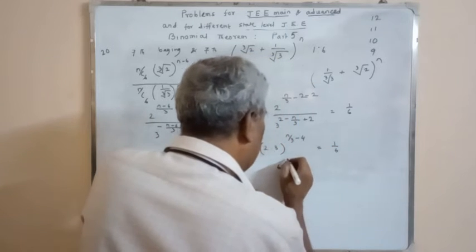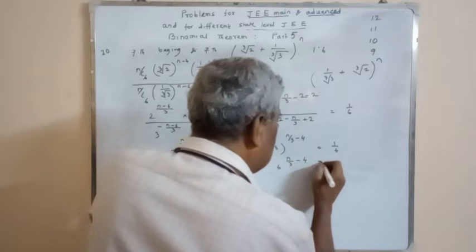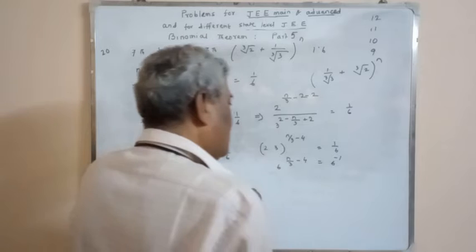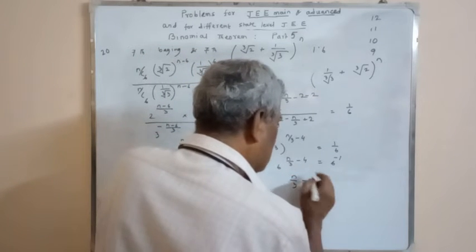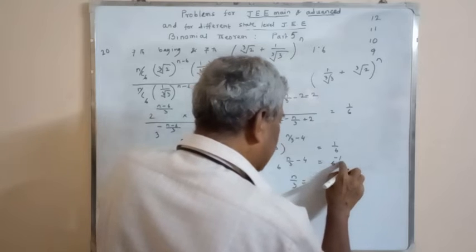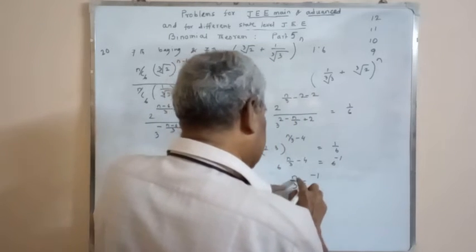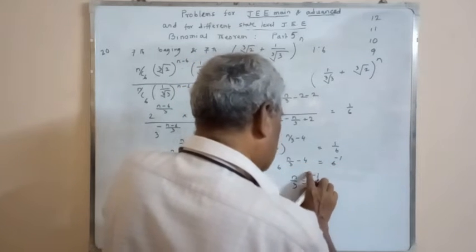So 6 to the power n by 3 minus 4 is equal to 6 to the power minus 1. So that n by 3 minus 4 is equal to minus 1.